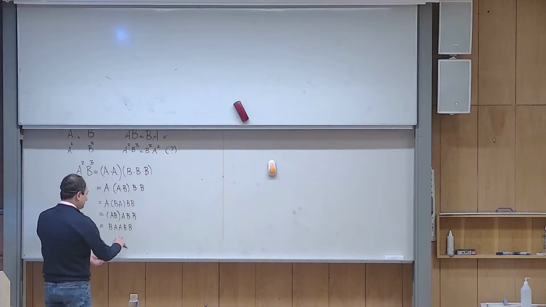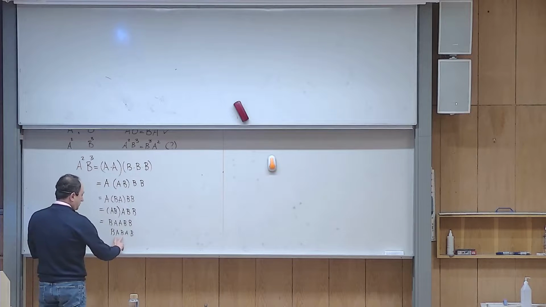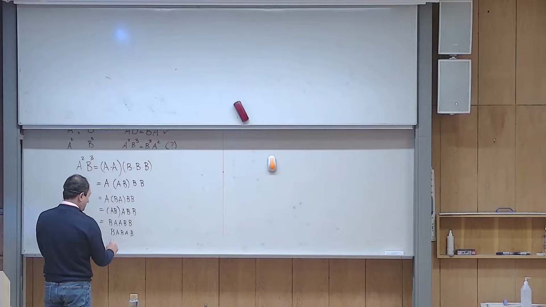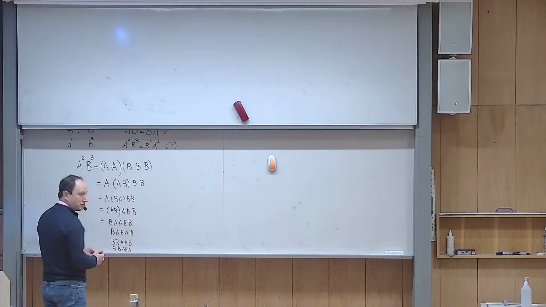For example, here, I can actually switch these two once more. So this becomes BA, and then I have BA, then I have B. I can switch these two again. So this becomes B, B, A, B. I can switch these two again. So this becomes B, B, A, B, A. And then finally I can switch these two, yes?